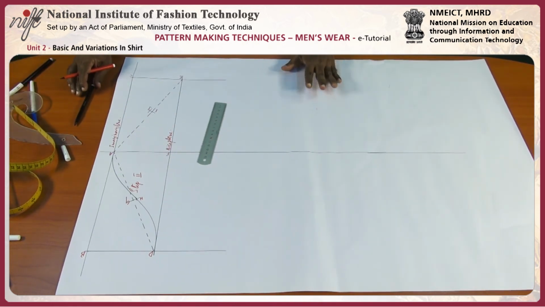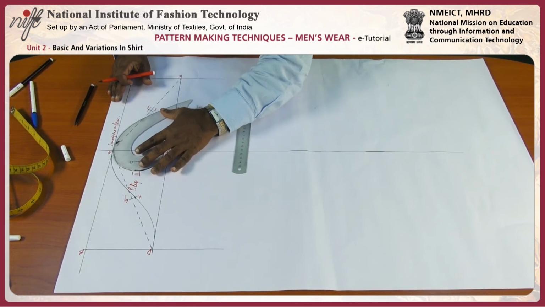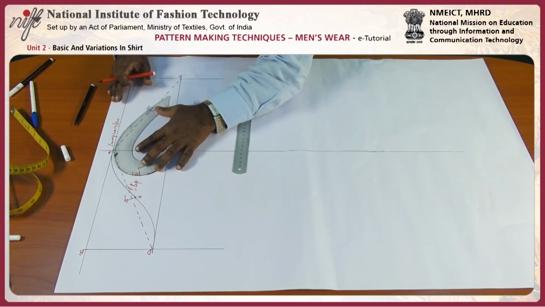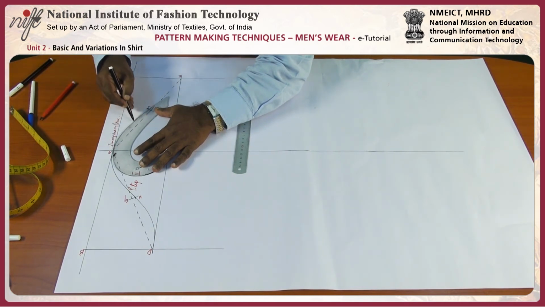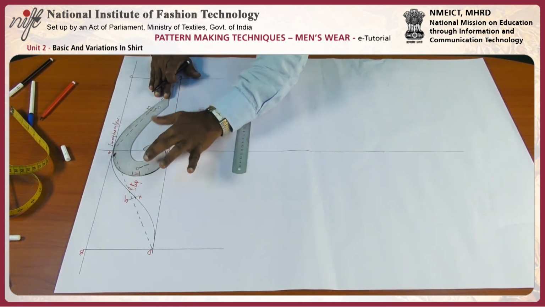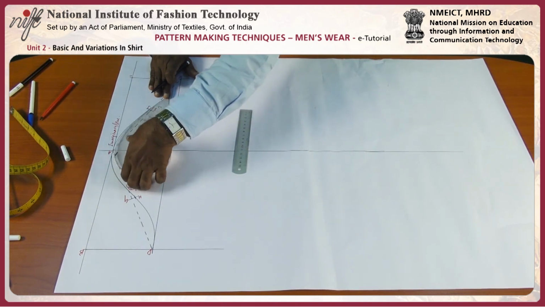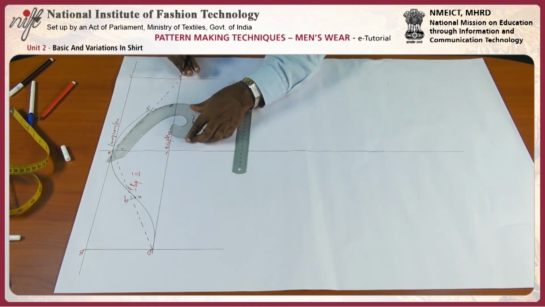Draw the back armhole curve from A to J and J to E using the French curve as demonstrated. Place the French curve like this and align to point J. See, this is kept like this, then it should be tilted to the opposite angle.